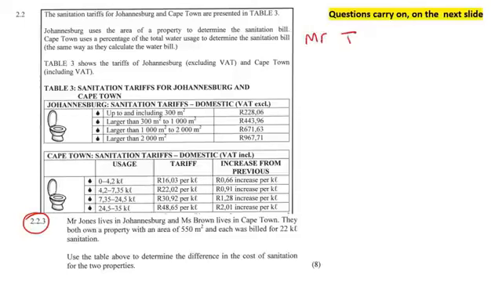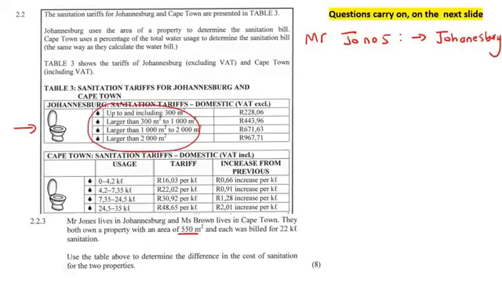This is quite a cool question because we have to be quite careful here. So Mr. Jones lives in Johannesburg. So that means we have to use Johannesburg's way of dealing with it. So how big is Mr. Jones's property? Well, it's 550 square meters. So what we do is we go have a look here and we try to think about where would 550 be.